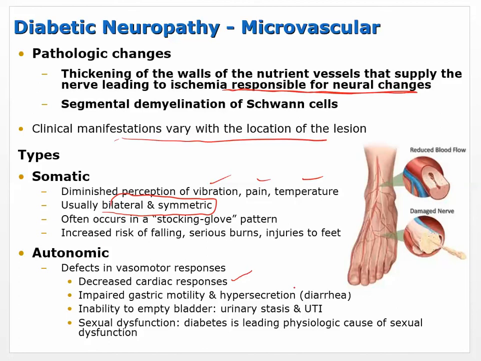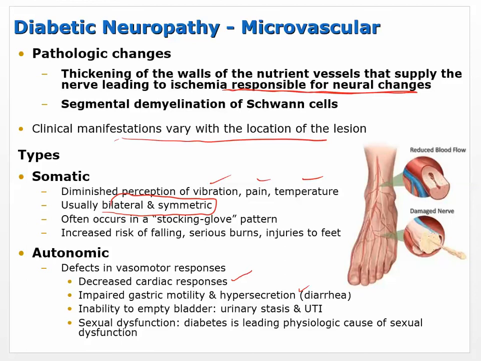That's not going to be a conscious thing, but it's going to have an effect. So impaired gastric motility, hypersecretion, which is diarrhea, inability to empty the bladder, urinary stasis, UTIs, sexual dysfunction. Diabetes is a leading physiologic cause of sexual dysfunction, right? If we're talking about blood flow, blood flow to the penis is one of the things that causes an erection, and so that's going to be inhibited.